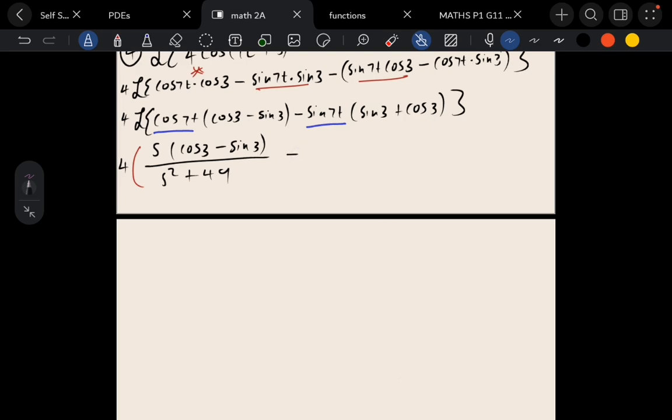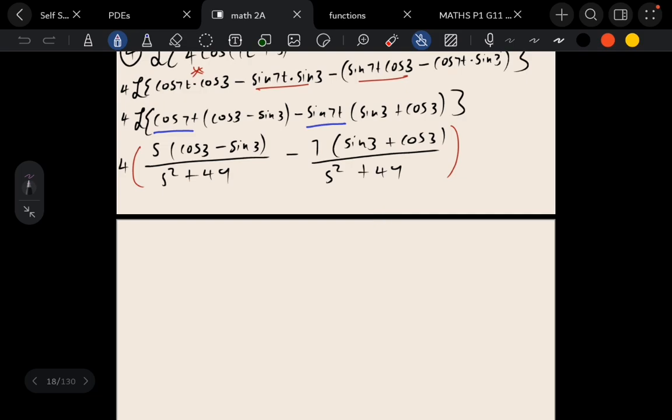Minus, what is the Laplace transform of sin 7t? It is 7 in brackets (sin 3 plus cos 3) divided by s squared plus 49. You can add these together because they have the common denominator s squared plus 49, but I think you may just leave it here. This will be your answer.